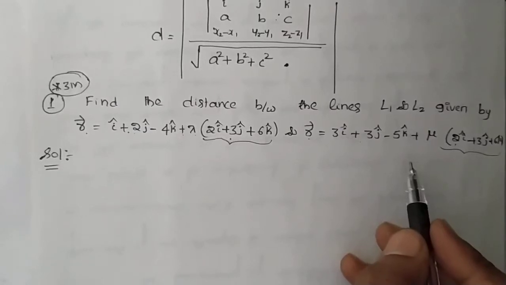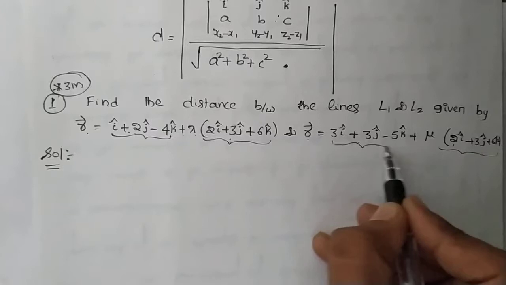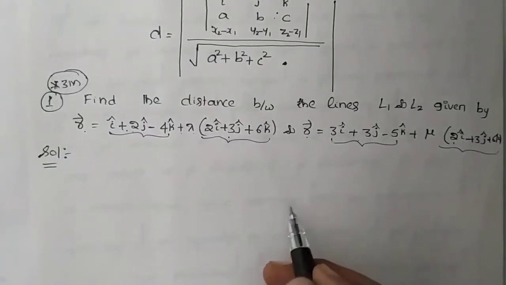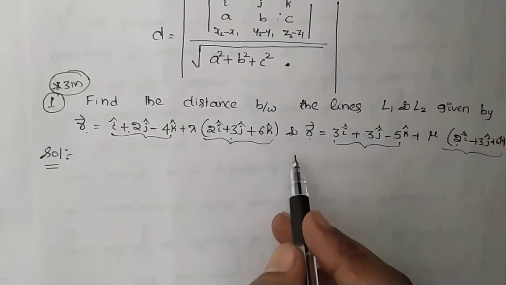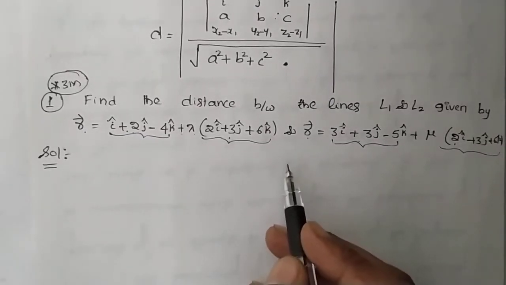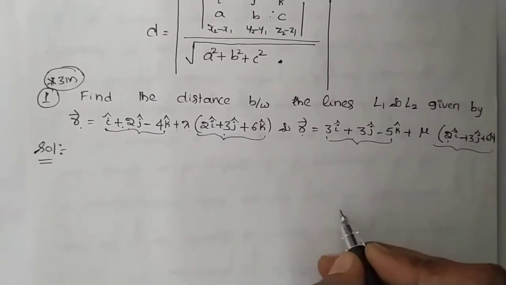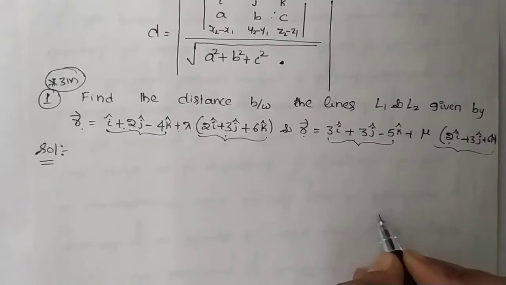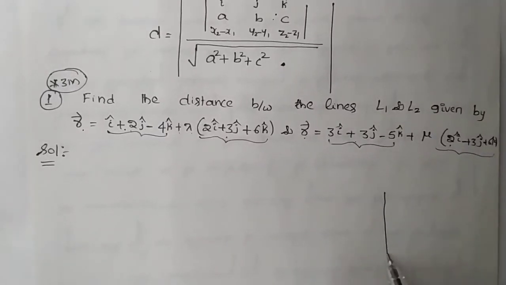Here it is a1 vector and it is a2 vector. Since the lines are given in vector form, we have to remember the formula for the vector form. What is the formula to find the distance between two parallel lines?